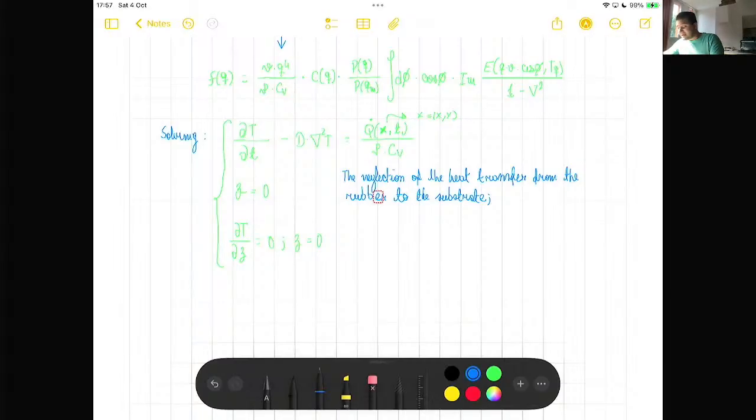But at slow sliding velocity, it will give rise to an overestimation of the flash temperature. So let's write this.